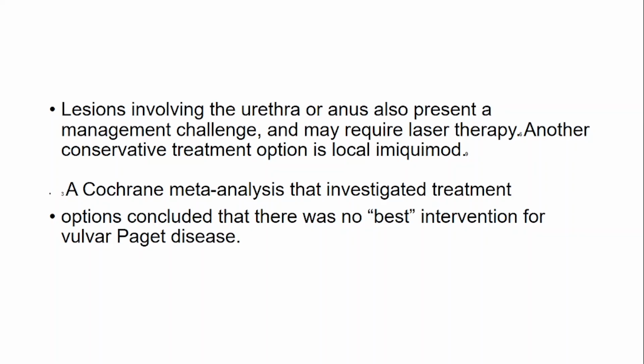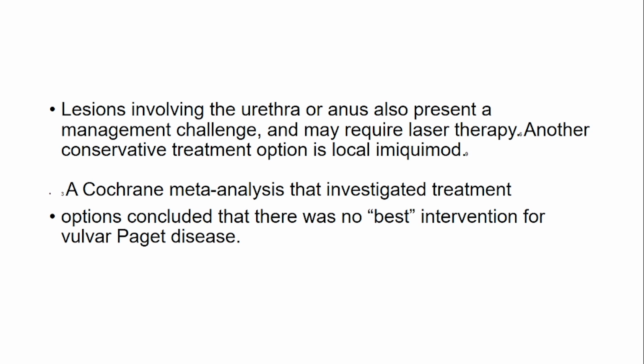Due to these high recurrence rates and surgical morbidity, there is a current move to perform less radical resection for intraepithelial lesions with re-excision at a later date if lesions recur. However, lesions involving the urethra and anus also present a management challenge. They require laser therapy. Another conservative treatment option is imiquimod.